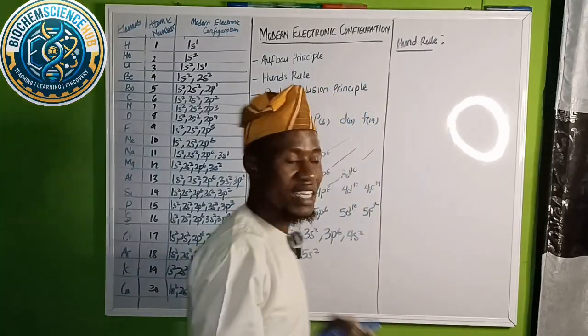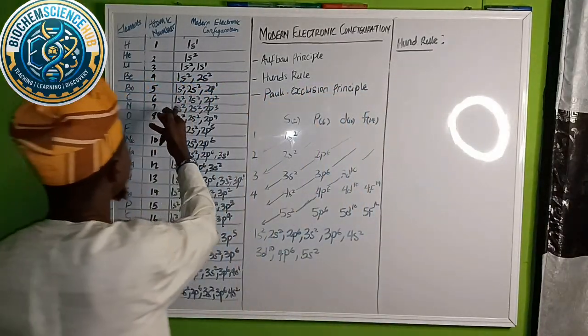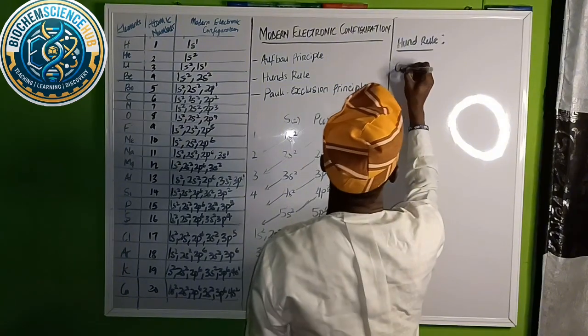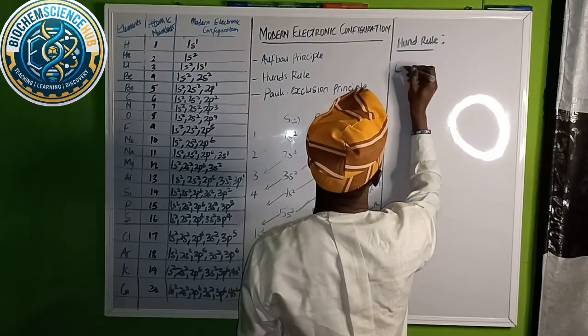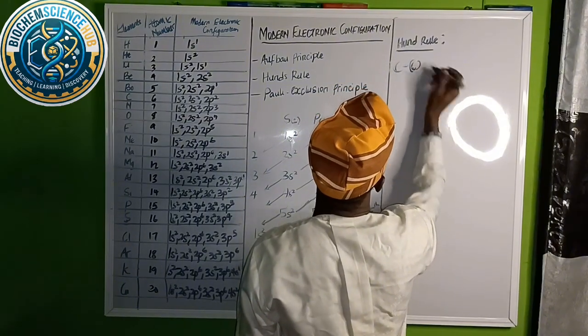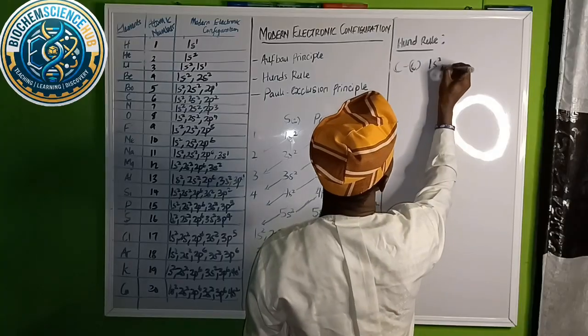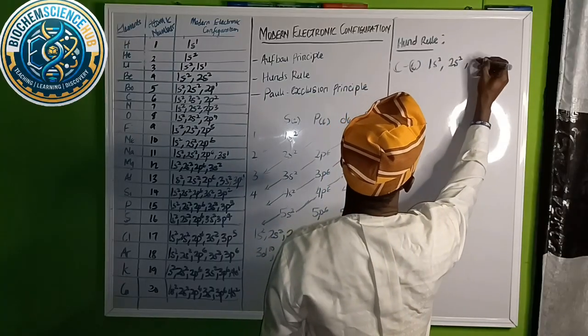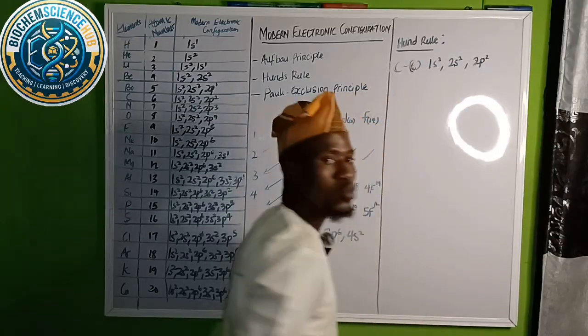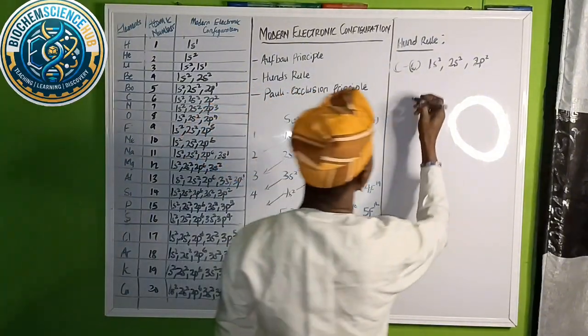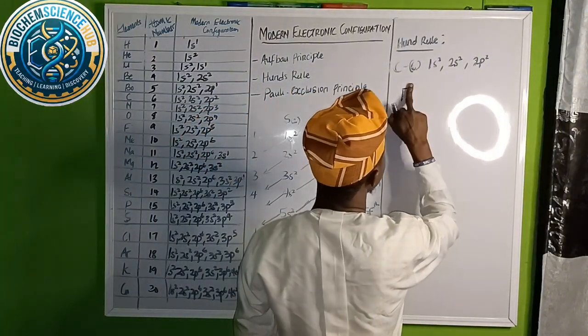That is what that is telling us. Let's use any element here. Let's use carbon, 6. For carbon we have 1s2, 2s2, and 2p2. So filling in using Hund's rule, this is what Hund's rule is telling us.